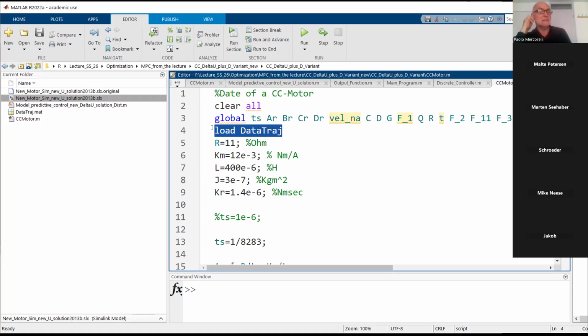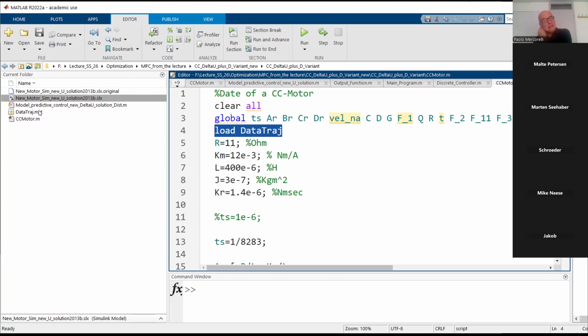We can see here the data trajectory in the MAT file. The MAT file is a data file in which you can save vectors, any kind of data, which you can load and use inside the program, also in Simulink. We will see how.